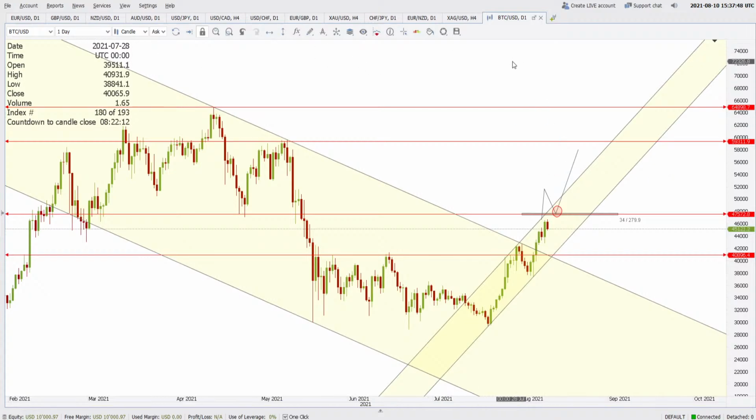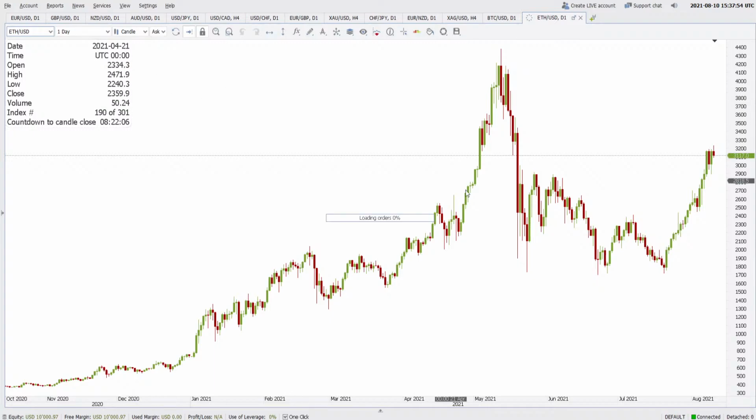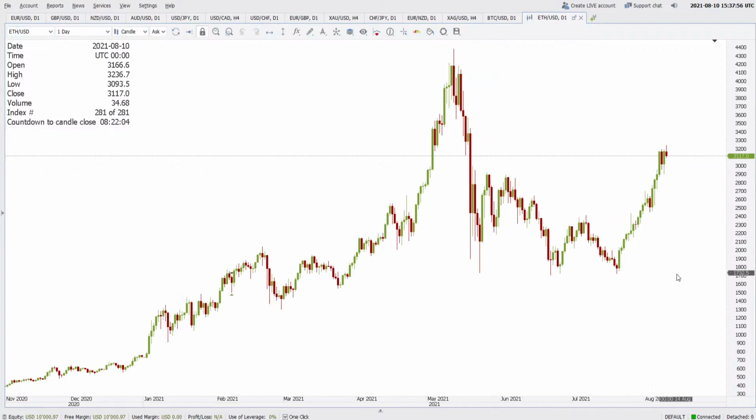Okay, and finally we have Ethereum. All right, let's talk about it. Ethereum is in a great recovery.